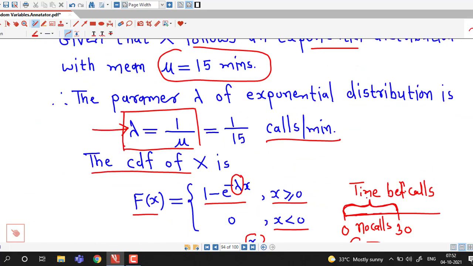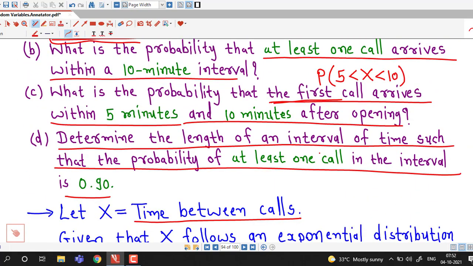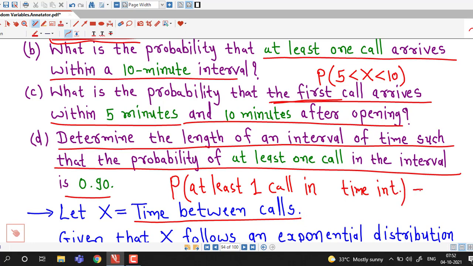And the last part is determine the length of an interval of time such that the probability of at least one call in that interval is 0.90. So here we have to find out the length of time interval such that probability of at least one call in that time interval is... Here probability is given, probability is 0.90, but length of interval is not given.